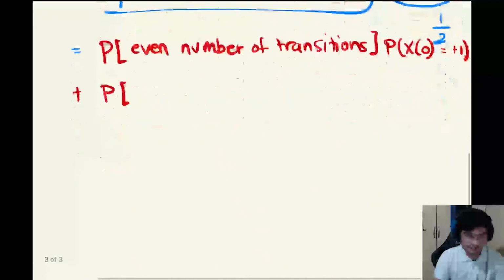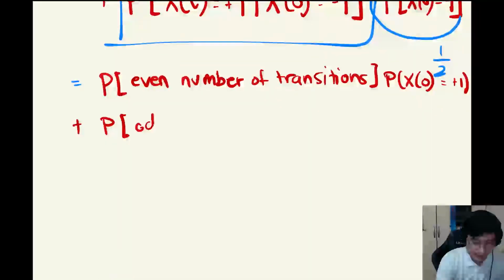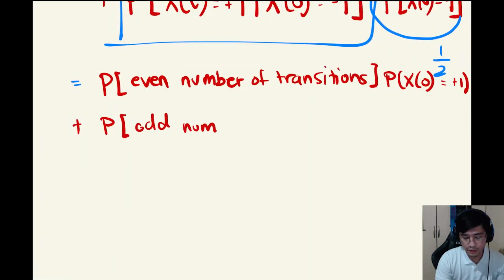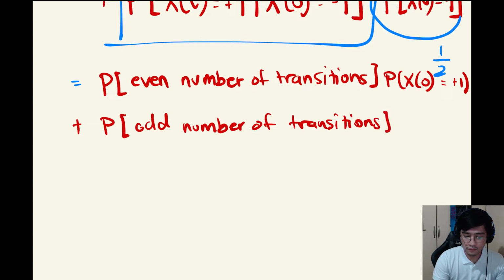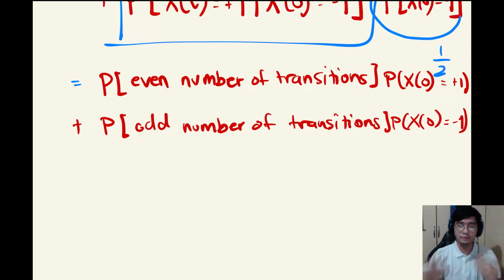So the second term is the odd number of transitions multiplied by the probability of x of 0 is minus 1. And we know this to be 1/2 once again. So we are just concerned with these two probabilities.